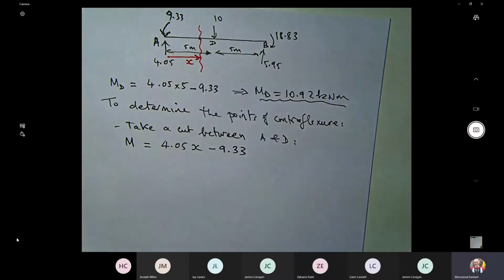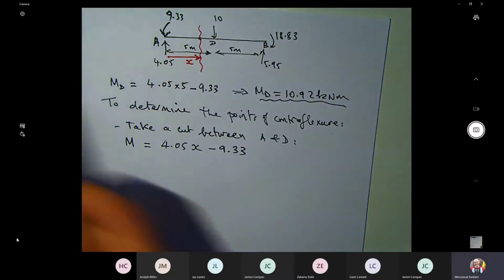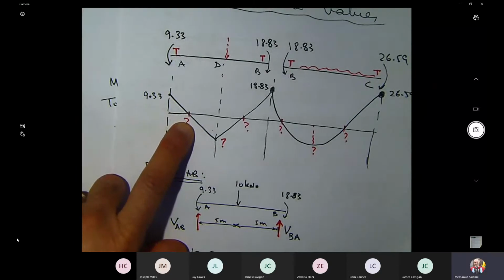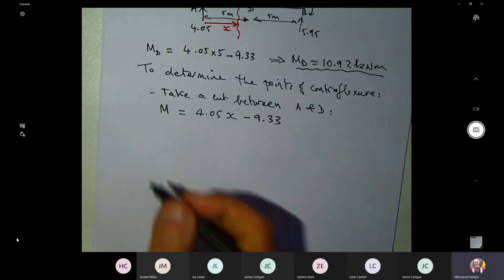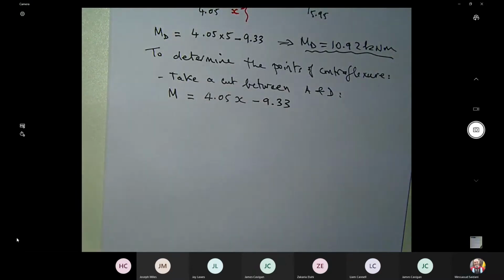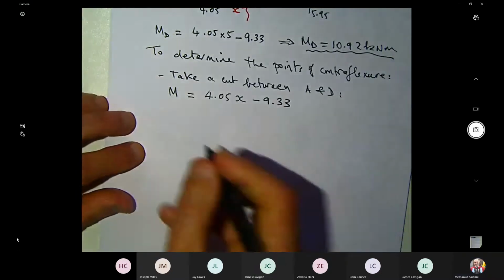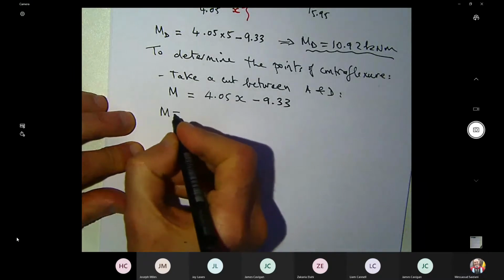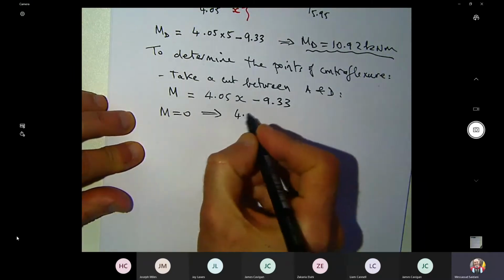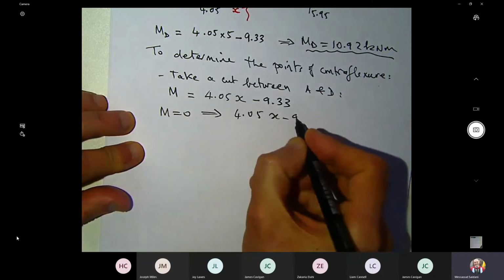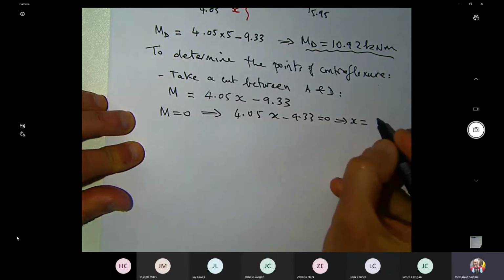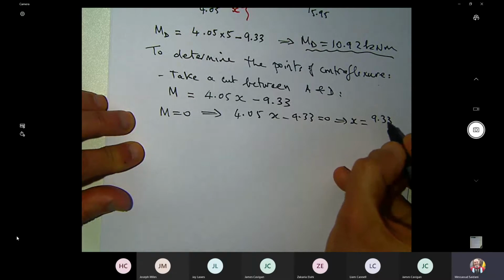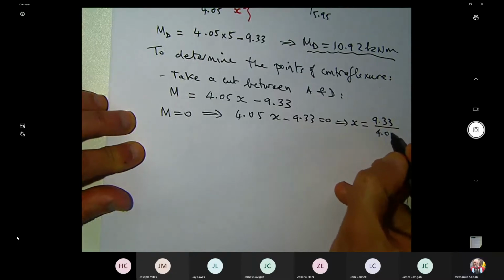What did we say the points of contraflexion correspond to? Moment 0, okay? So M equals 0. We have 4.05 x minus 9.33 equals 0, and that means x is 9.33 divided by 4.05.